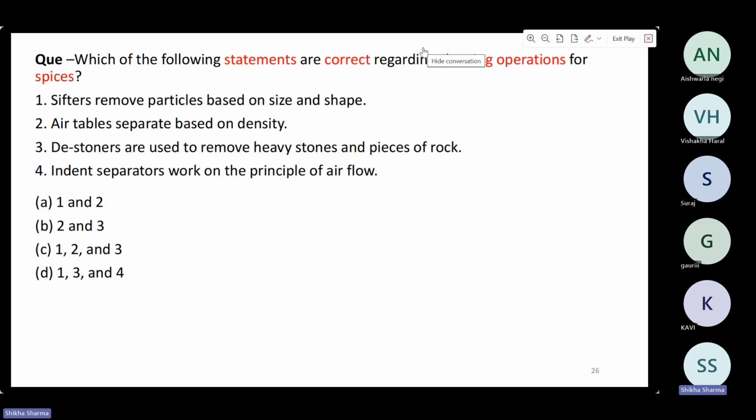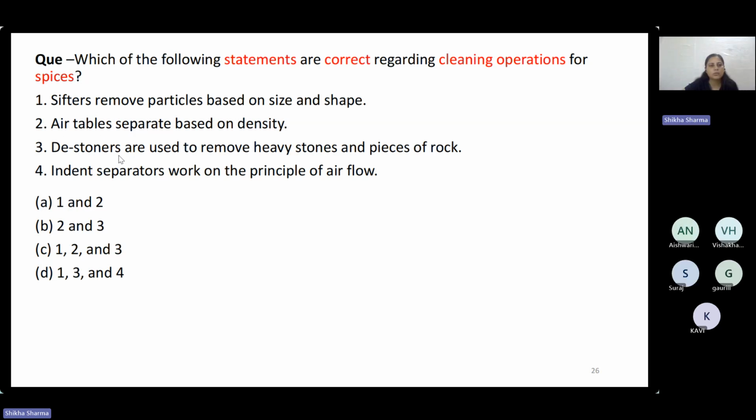Which of the following statements are correct regarding cleaning operation for spices? We just discussed sifters, air tables, destoners; indented cylinder, indented separator we have not discussed, but the rest three we have discussed. So I think it will be easy to answer.